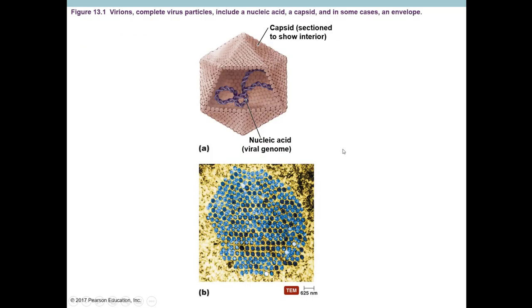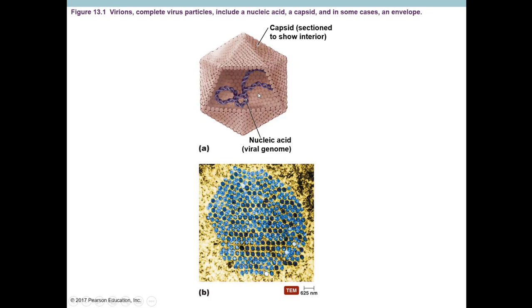And this picture shows on the top an artist's schematic drawing of an example of what a virus could be. Viruses have different shapes. This one is called icosahedral in this picture, and the capsid is shown as these little pink circles, and each one of these is a protein that assembles into this very geometric structure, but on the inside you can see the chromosome.